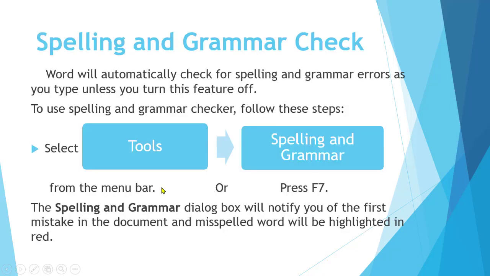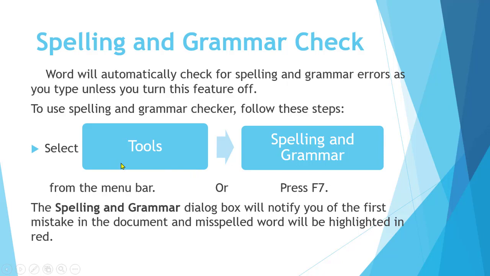Students, we can easily check spelling and grammatical mistakes in our documents by turning the spelling and grammar checker on, and we can keep it on by selecting Tools menu and spelling and grammar check option.